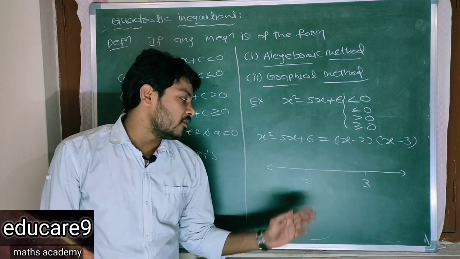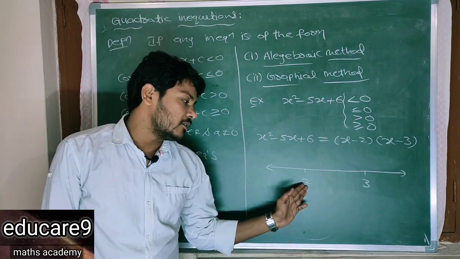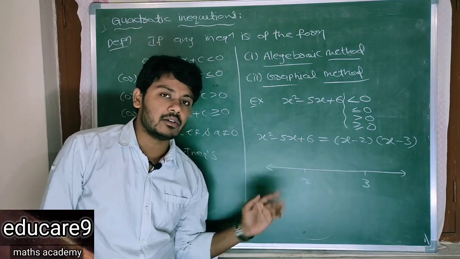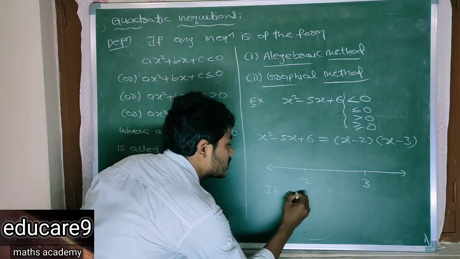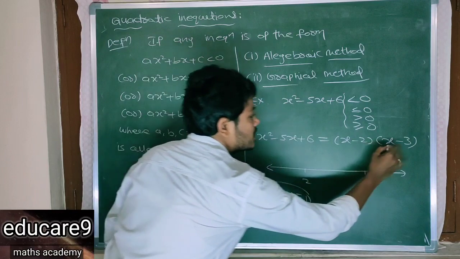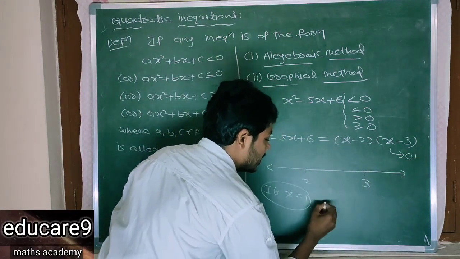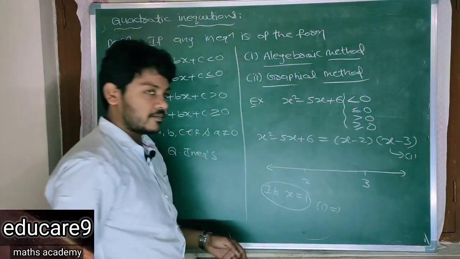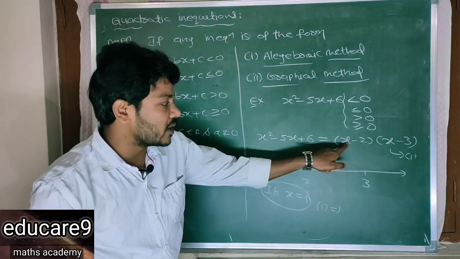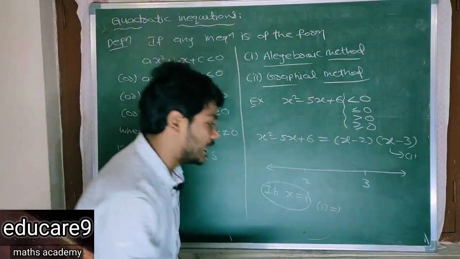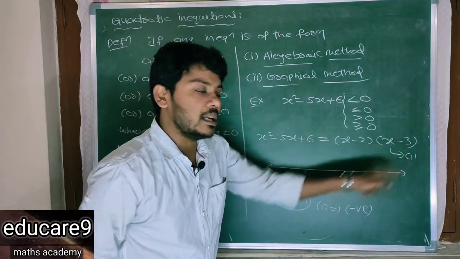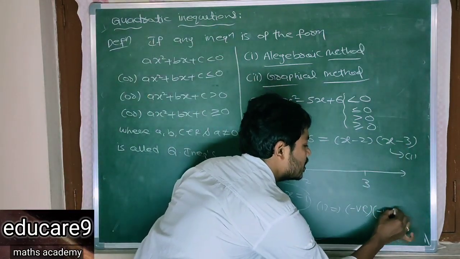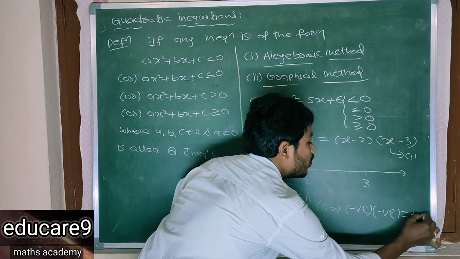If you substitute values less than 2, for example x equals 1, then 1 minus 2 is negative and 1 minus 3 is also negative. So clearly the outcome is positive.